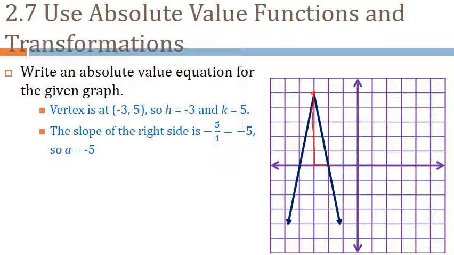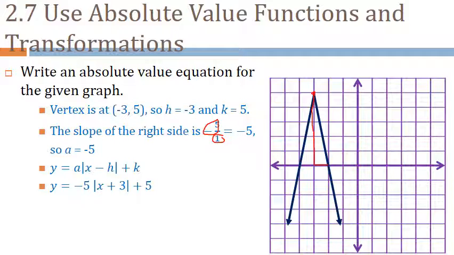So the rise is negative 5, the run is 1. Negative 5 divided by 1 is negative 5. So our slope, our a, is negative 5. We know it's negative because it's opening downwards. So now, to fill that into our general form, we know a, h, and k. Remember that minus a negative, because h was negative 3, becomes plus.